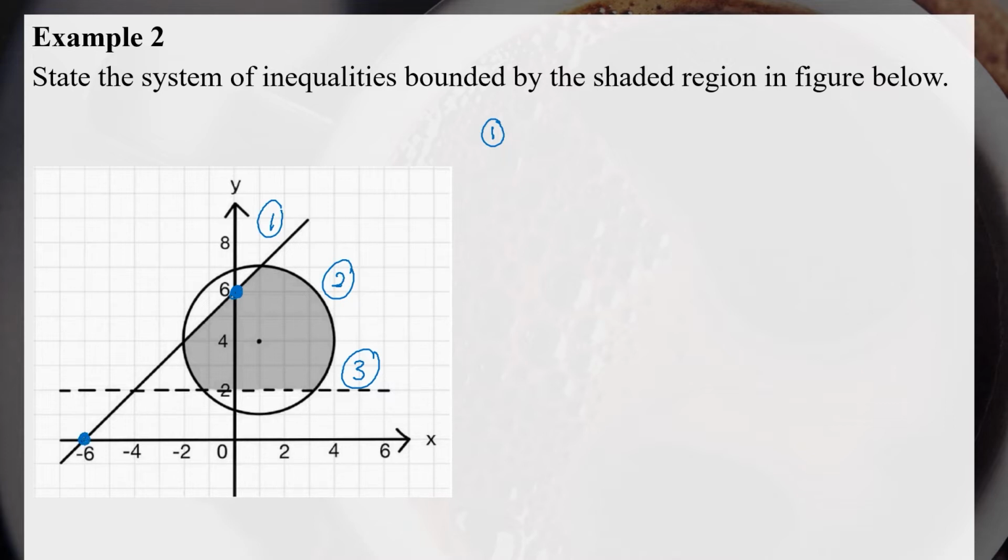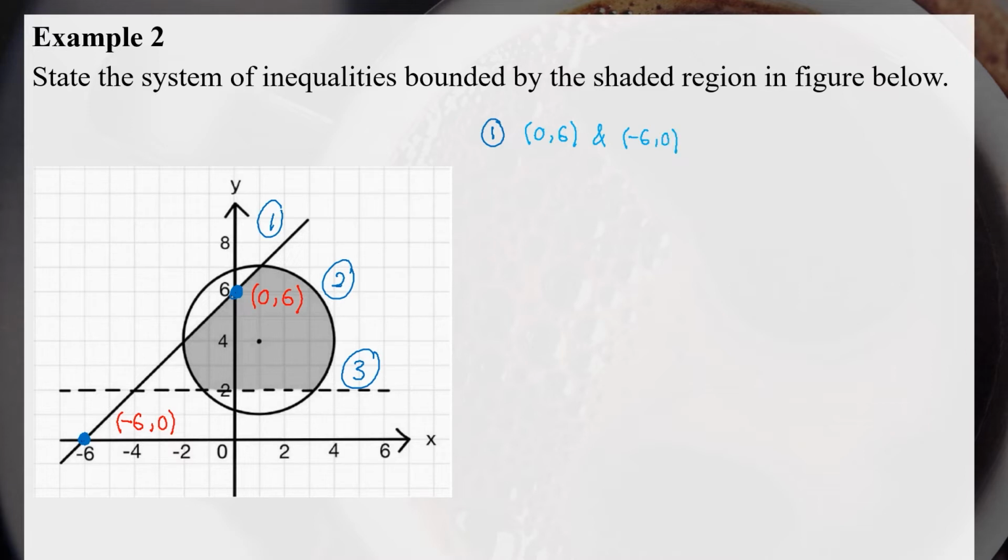The first point has coordinates 0 and 6, whereas the second point is -6 and 0. Given these 2 points, we can find the equation for the first line.